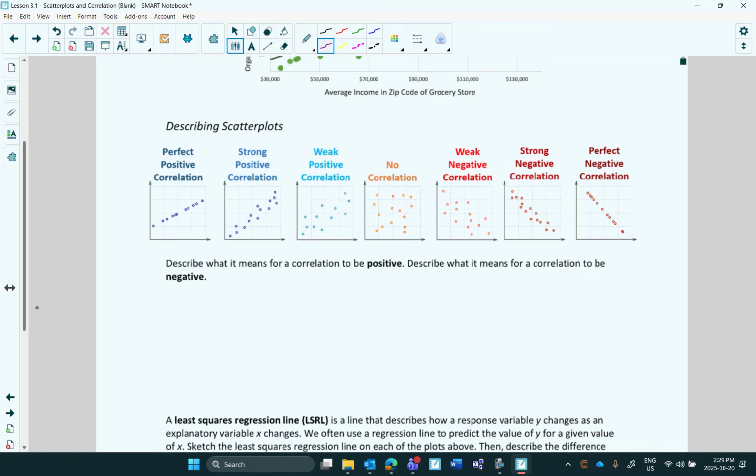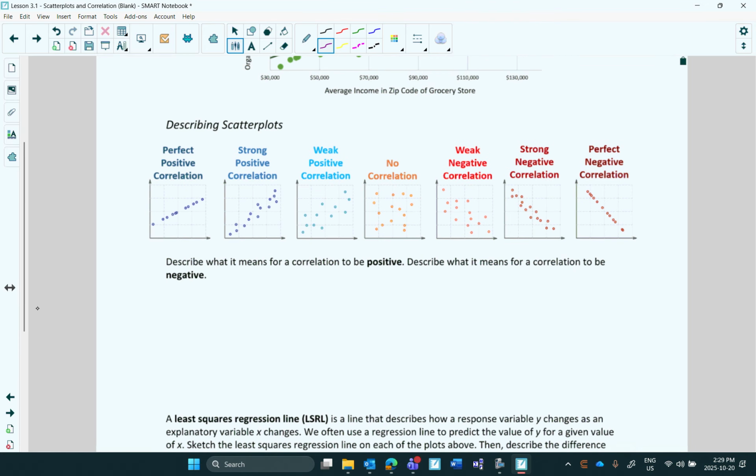So you can see here a bunch of scatter plots, and it shows you the strength of the relationship. Among other things, it also shows you the sign of the relationship, but we'll get into that in a second.